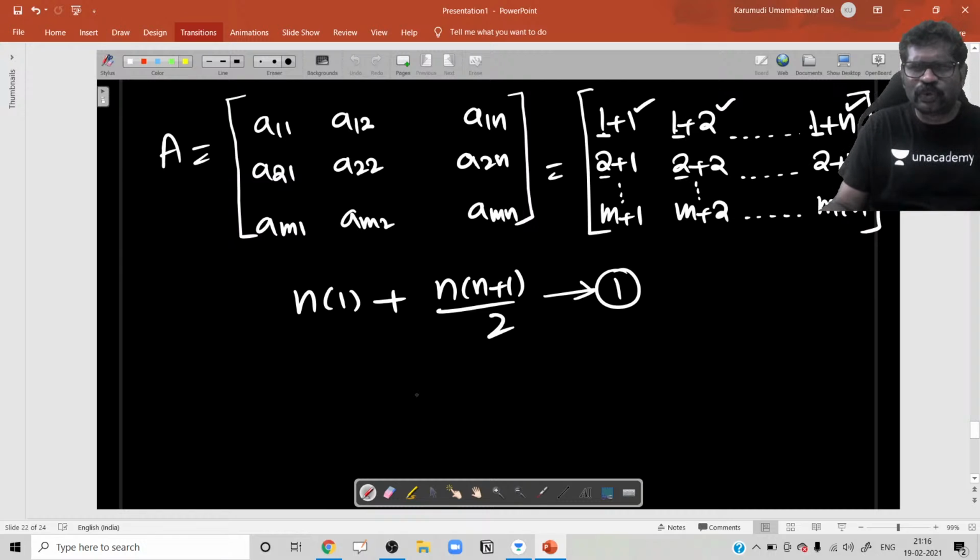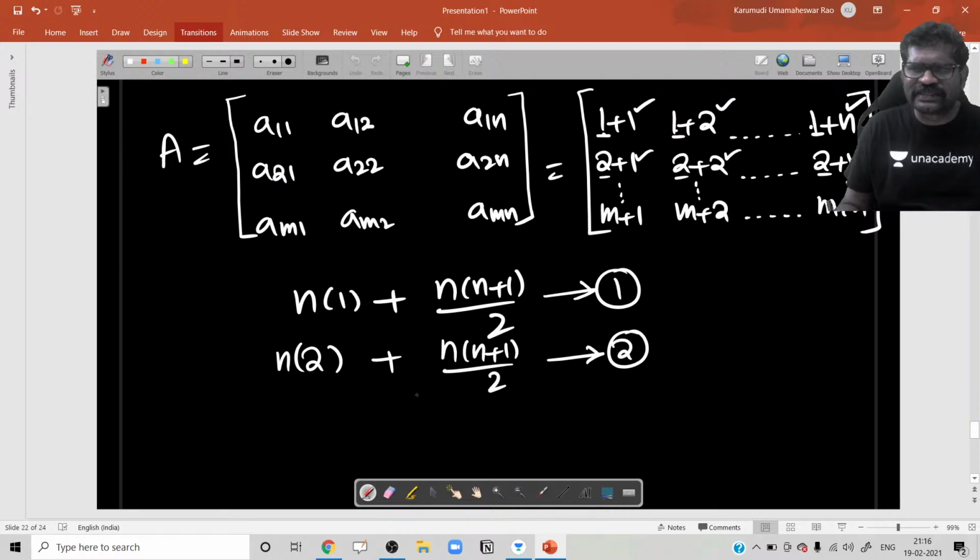2, 2, 2. How many times? n times. So, n into 2, plus 1 plus 2 plus and so on n, n into n plus 1 by 2. Call it equation 2. Next, the last row. M, M, M. How many times? n times.